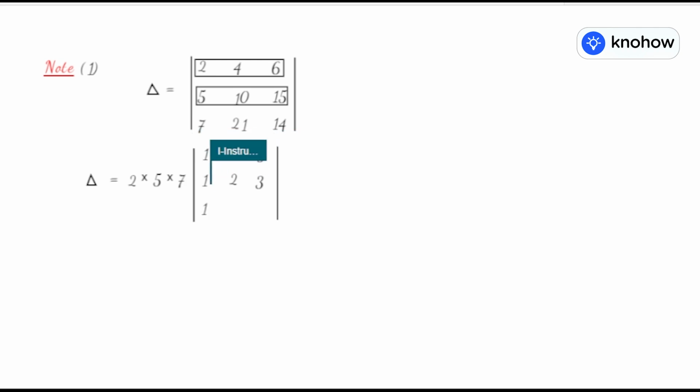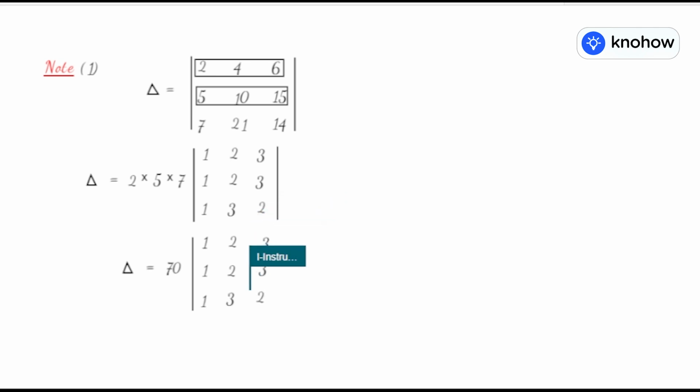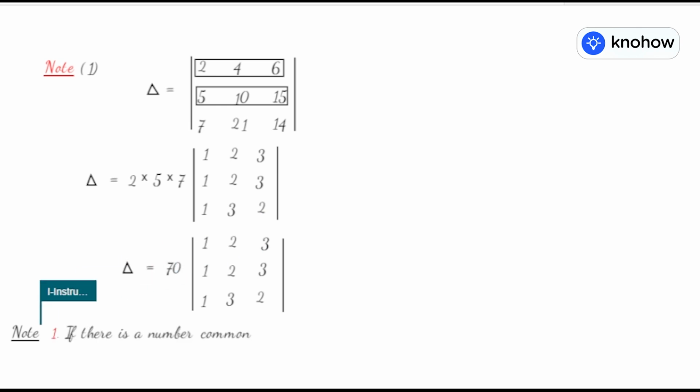So the given determinant may be written as 2 into 5 into 7, that is 70 times the determinant 1, 2, 3, 1, 2, 3, and 1, 3, 2. So, using the property, if there is a number common in any one row or column, if required, we can take it common.